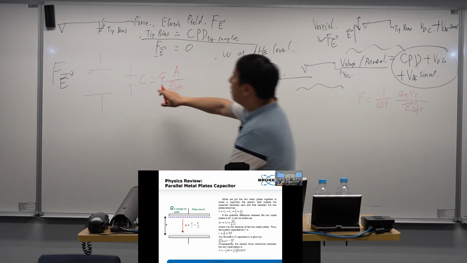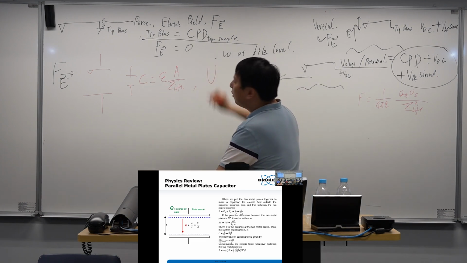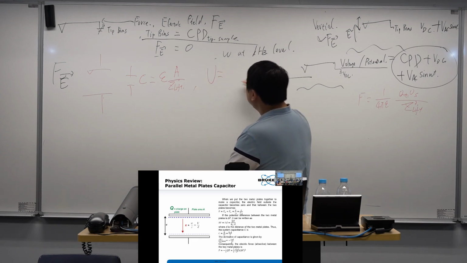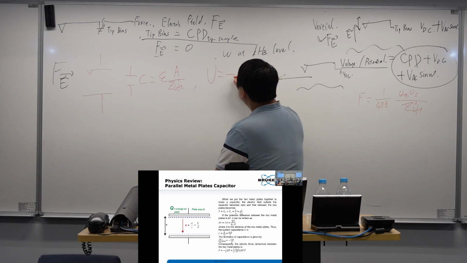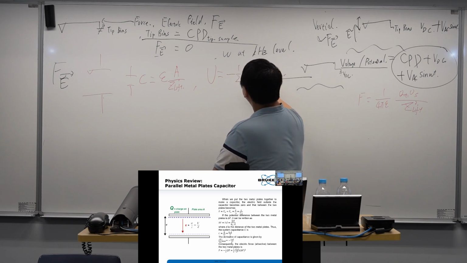It forms a capacitor, and the potential energy of this capacitor can be easily calculated as the negative one half capacitance times voltage square.